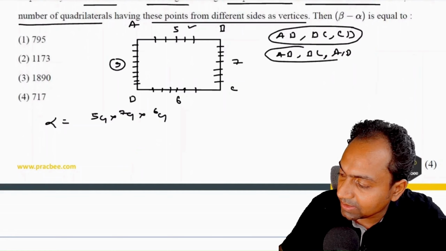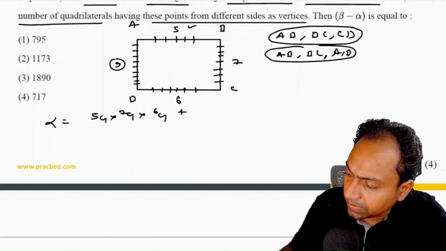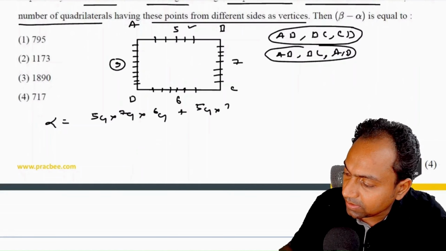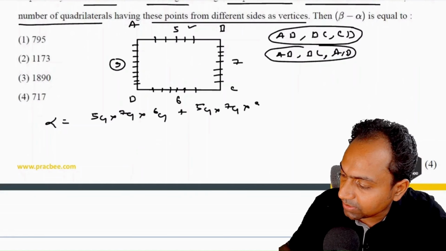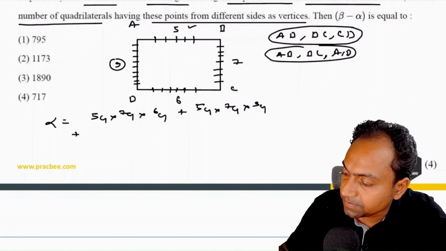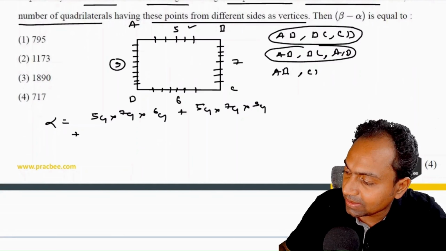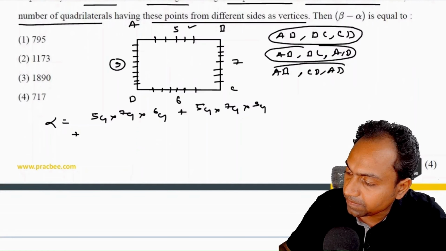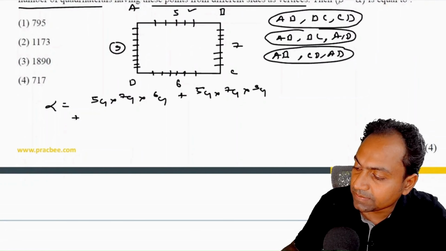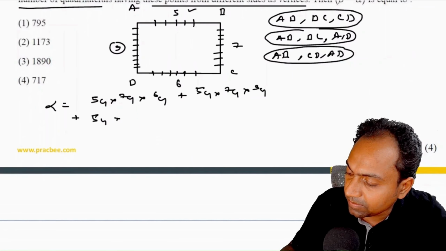If I take this case, my answer comes out to be 5C1 into 7C1 into 9C1. The next, I can take AB, skip BC, but take CD and AD. If I take this case, 5C1, since I have skipped BC, 7C1 will not come up. Now 6C1 will come and then 9C1 will come.